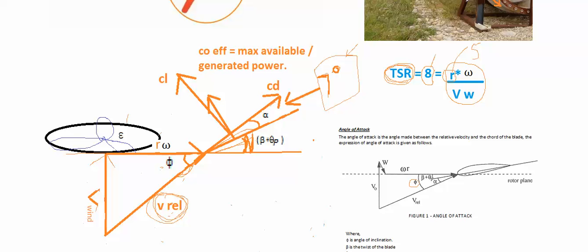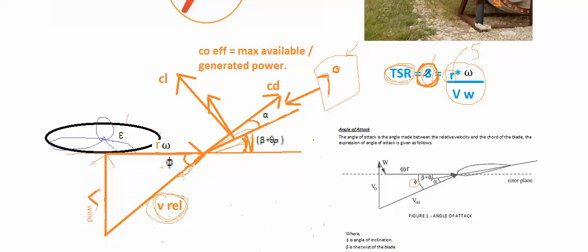But our twist design is for a particular tip speed ratio. So our design of our twist was for the tip speed ratio of 8, isn't it? This was the tip speed ratio for which we designed the twist. But now the tip speed ratio has changed suddenly because the velocity of wind is random.